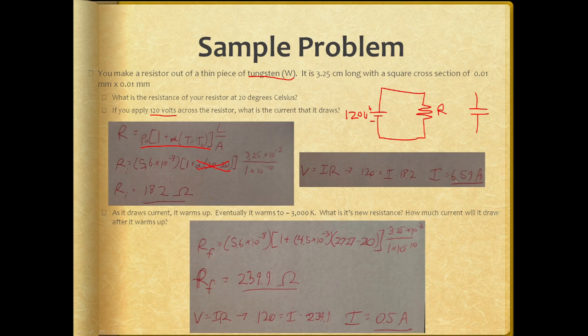Again, 6 amps is huge. We tend to operate in the milliamps, so this is a ton of current. This filament is going to heat up super fast. And now we're going to see what happens to its resistance and the current in the circuit if its temperature increases to 3000 Kelvin, which, running this much current and this much voltage through a tiny piece of tungsten, yeah, it can get this hot.